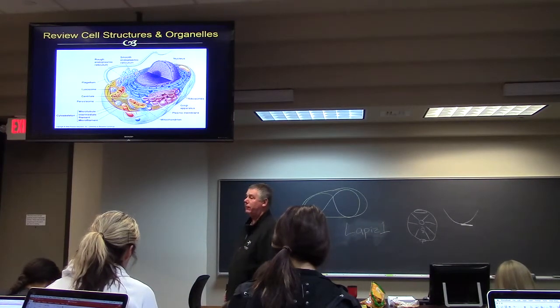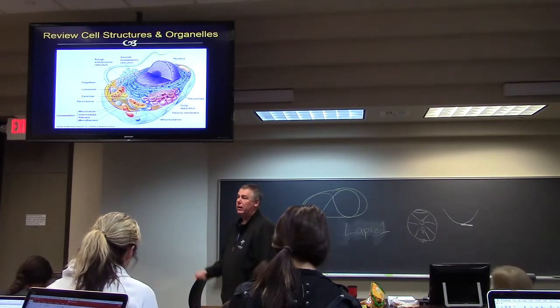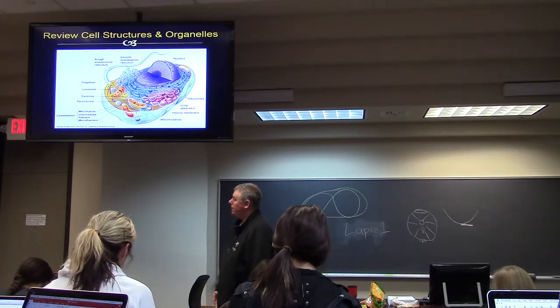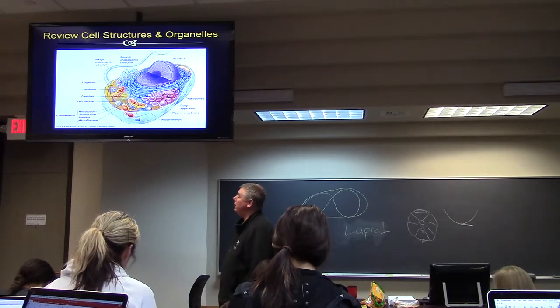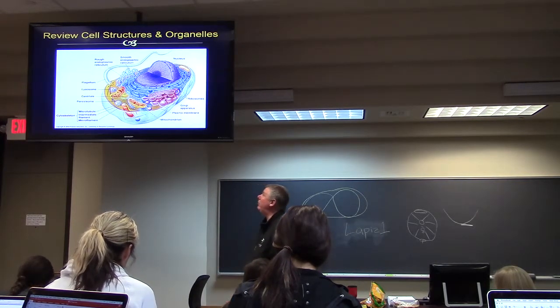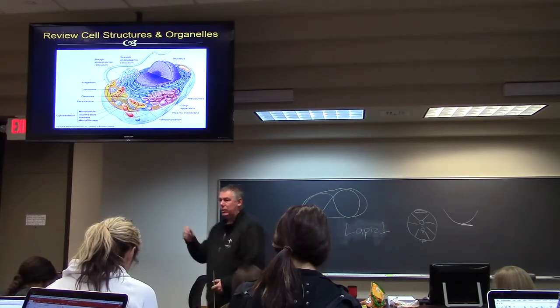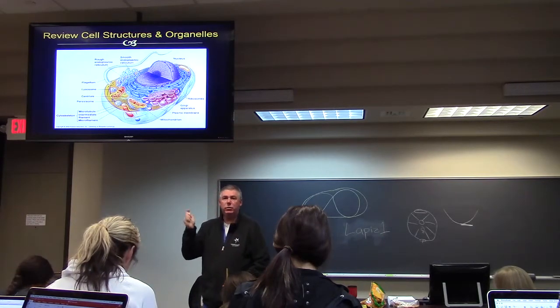Within the cell itself, probably the most significant structure is the nucleus, which is going to carry your DNA and other significant proteins. Around the nucleus is the rough endoplasmic reticulum. This is a series of sacs with ribosomes attached to them.